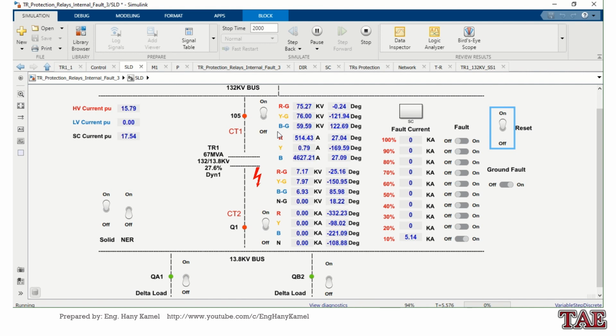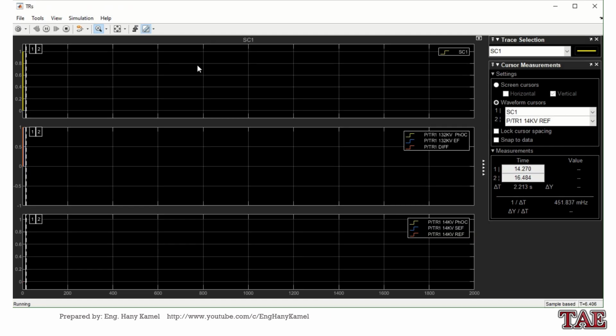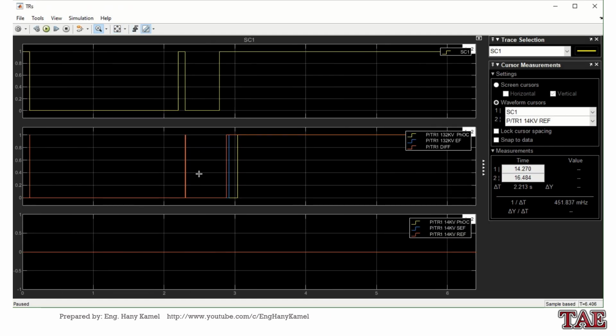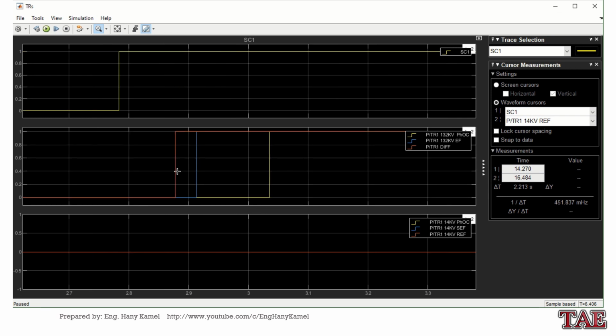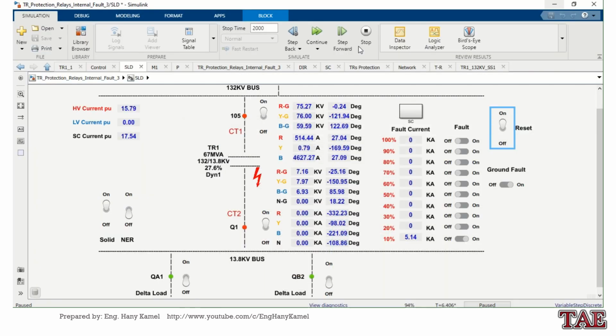Here also overcurrent expected to operate and earth fault for high voltage winding expected to operate. You can see which protection operated. So first differential, then sensitive earth fault, earth fault, then overcurrent, phase overcurrent.